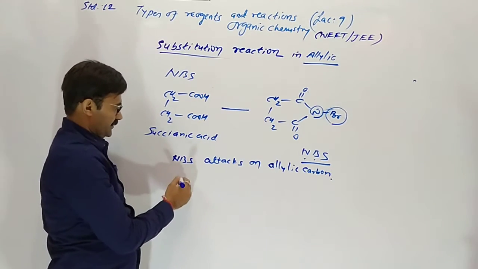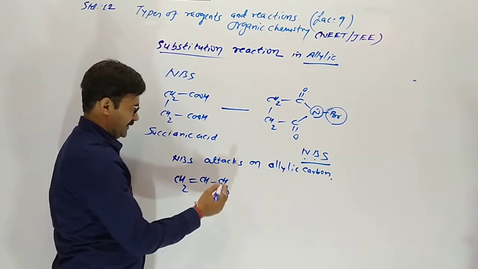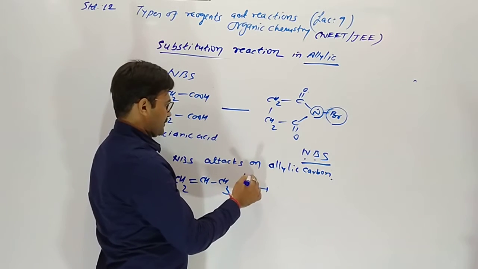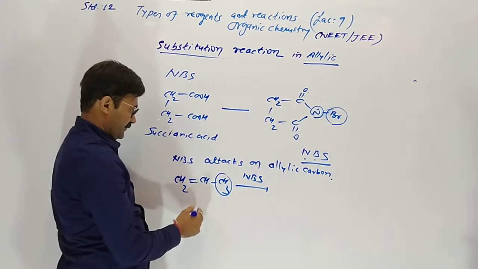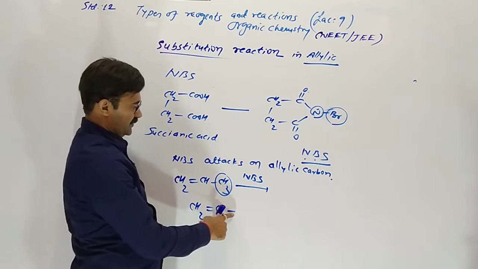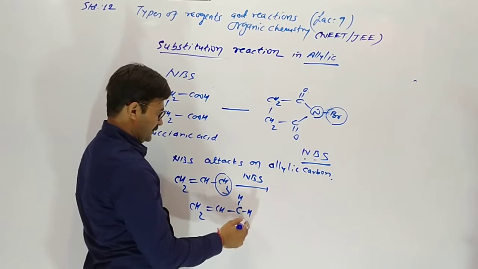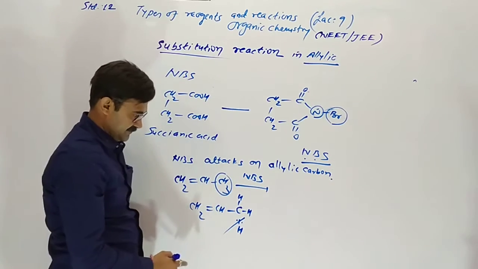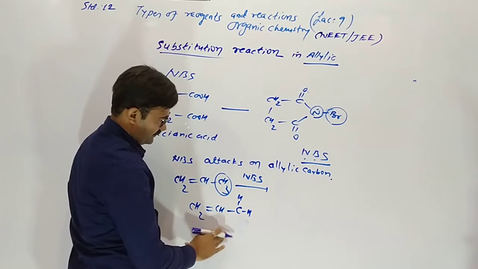What is allylic? Suppose CH2 double bond CH and CH3 is taken, reaction with NBS. Here is the free radical. This is the double bond, then single bond, then after that the hydrogen is on the allylic carbon. Here the bond breaks and a free radical occurs there.